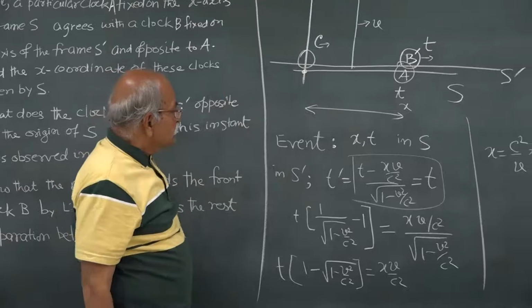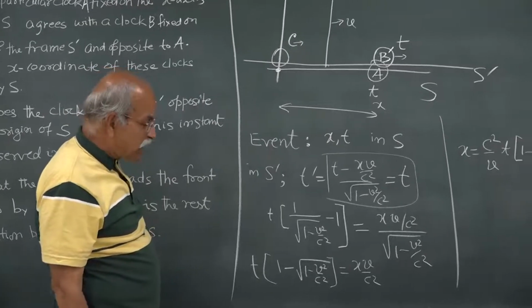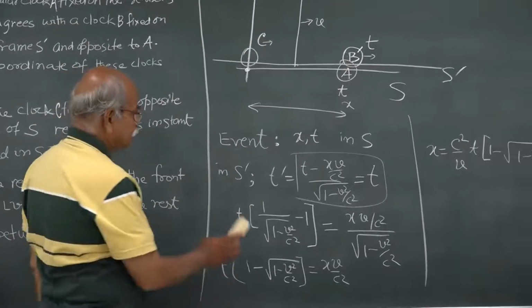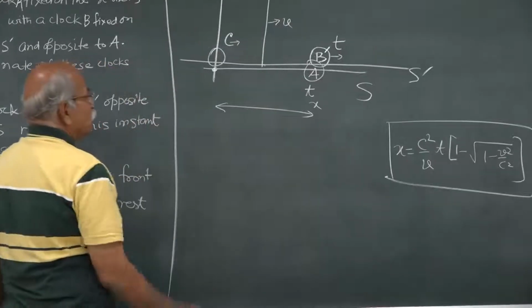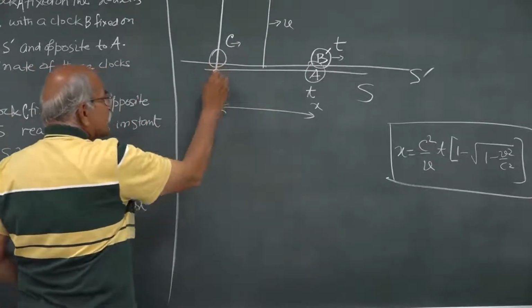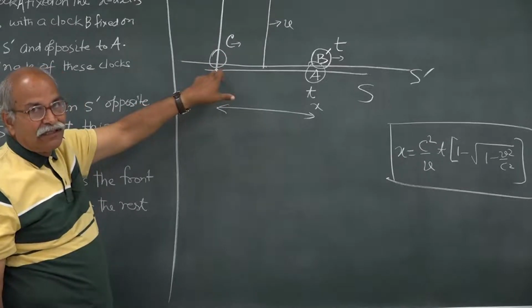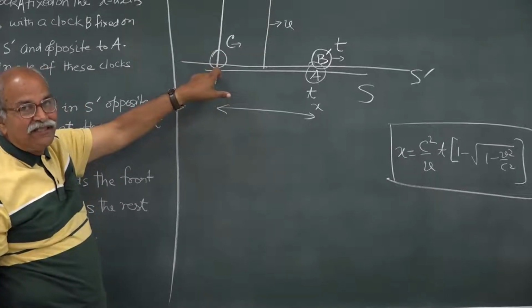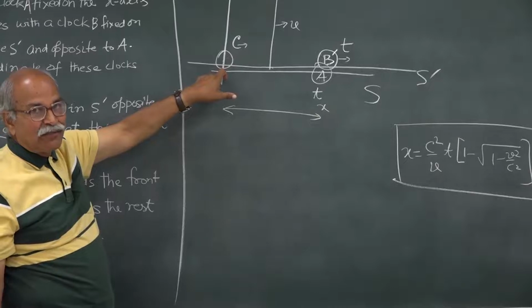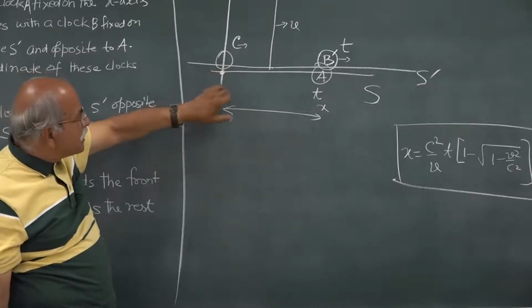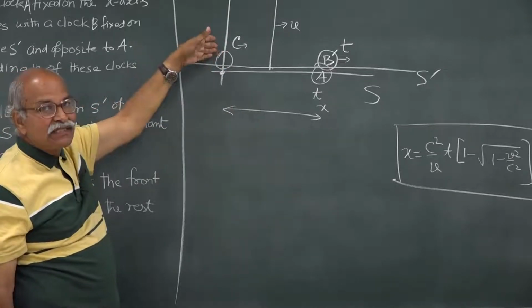Okay, so let me make some space. Now this event, this clock C is opposite to the origin. What are the x and t as seen from S? From there we can get the reading of this clock.